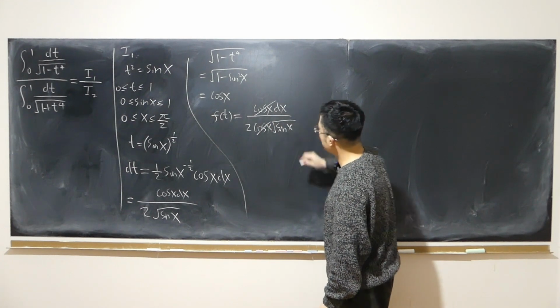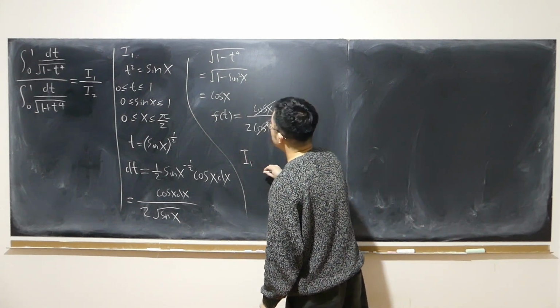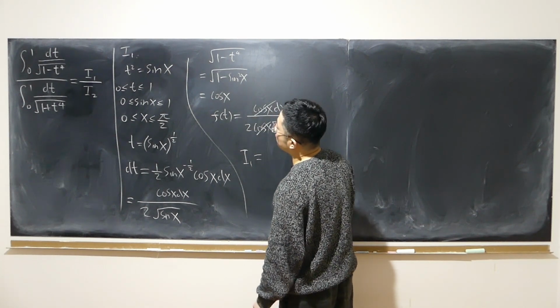Cosine is gone. So that means my first integral should be equal to, just taking out the constant half.